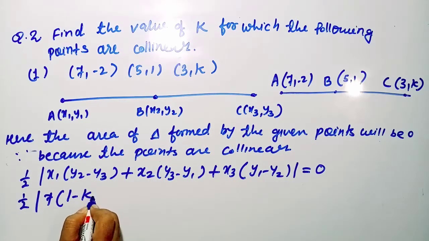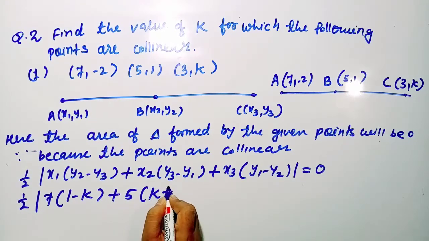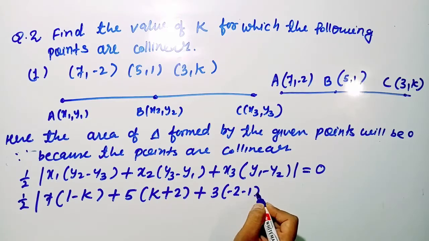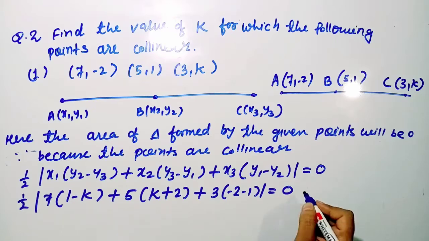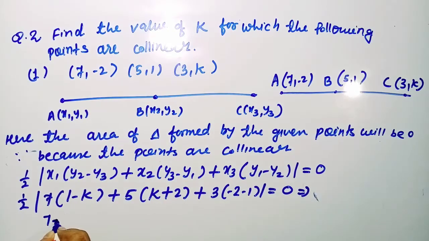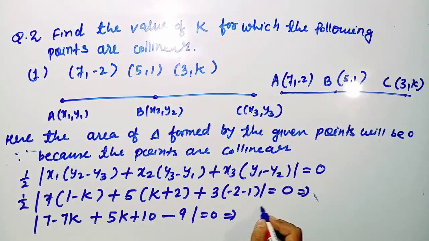So x1 is 7, y2 is 1 minus k, x2 is 5, y3 is k, y1 is minus 2, x3 is 3. Putting the values of all these points and doing some simplification: 7 minus 7k, 5 plus k plus 10, so there will be 9, is equal to 0.